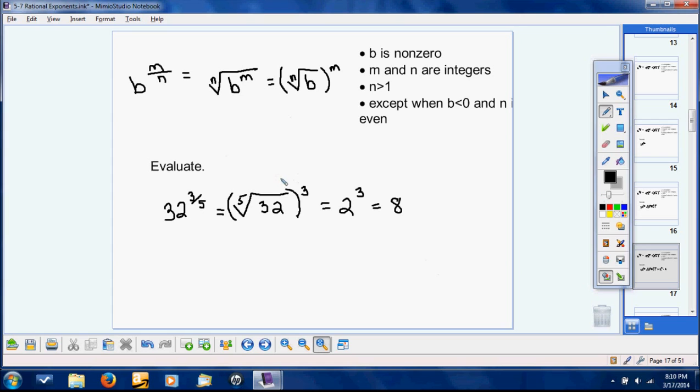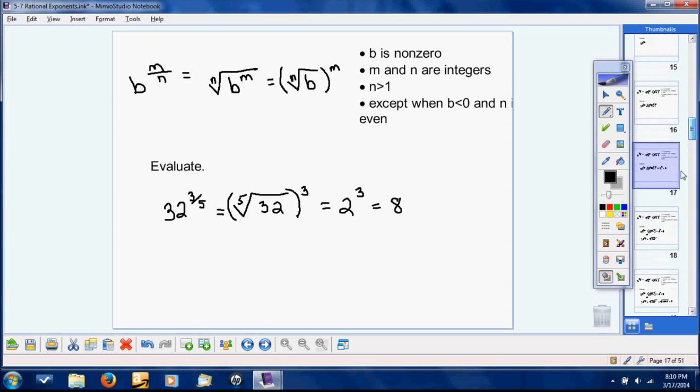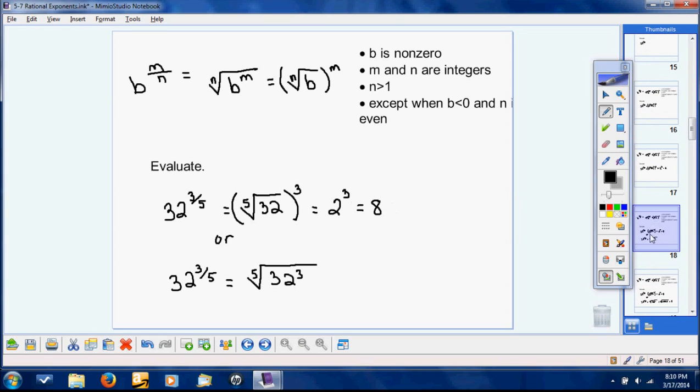However, you can use the other method. You can put it into this form first. If we put it into that form, look what happens. We now have the 5th root of 32 cubed. Now in order to do that, we're going to do a little calculator work.